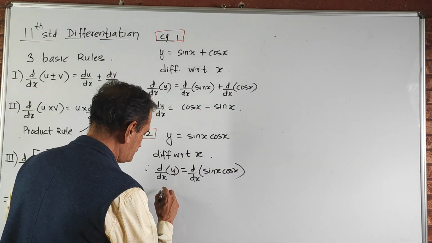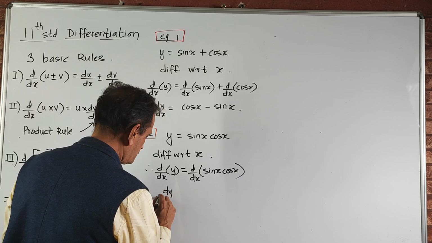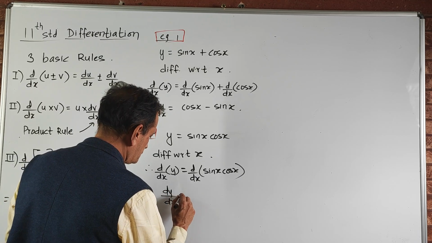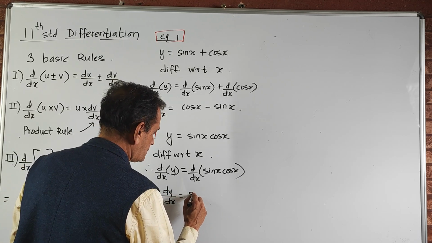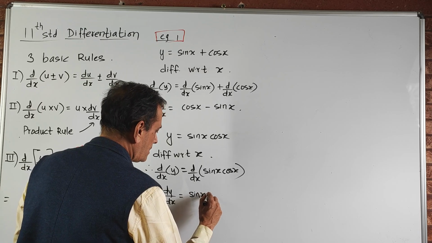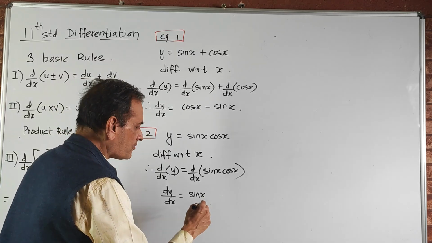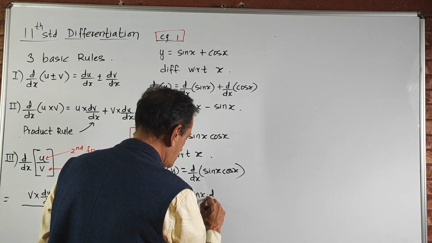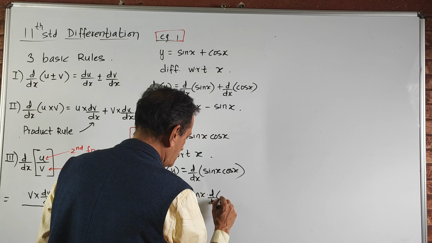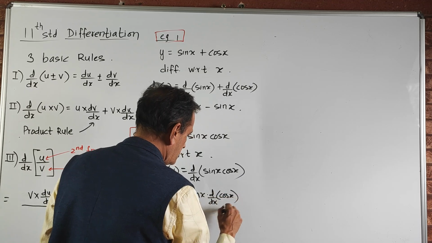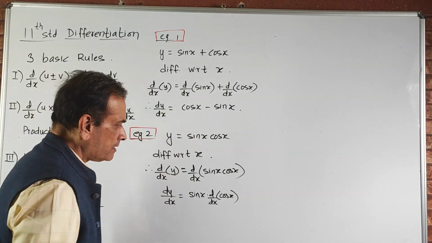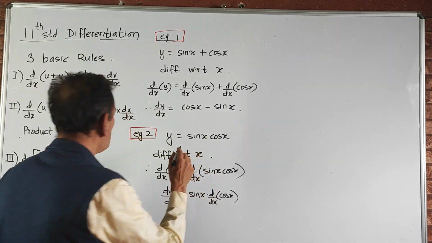देखो यहाँ पे, first function derivative of second है d by dx of cos x. Clear? For product rule, you have a plus sign.